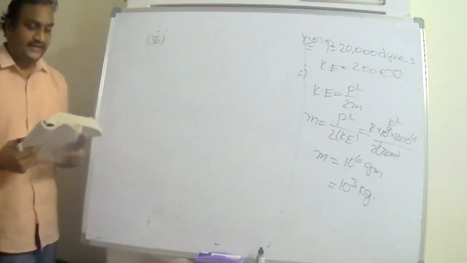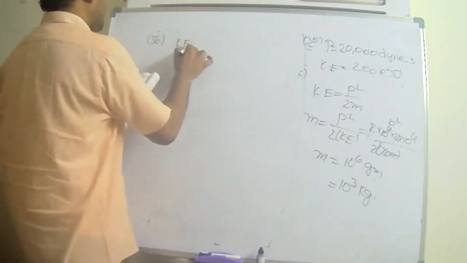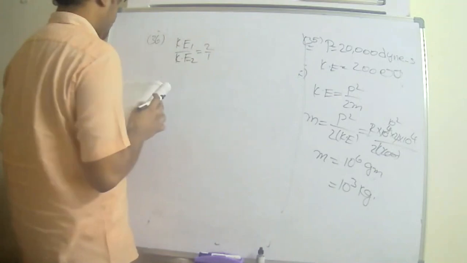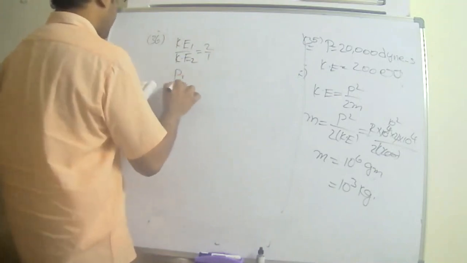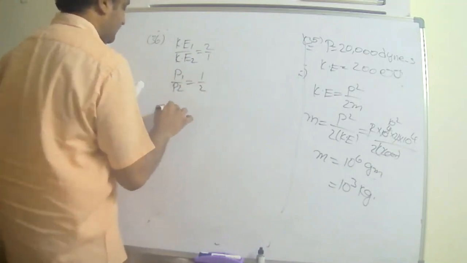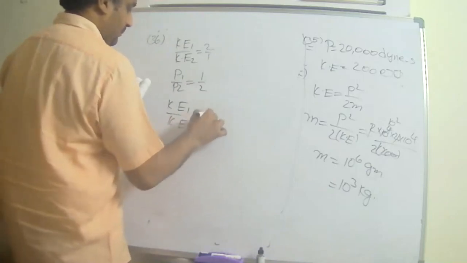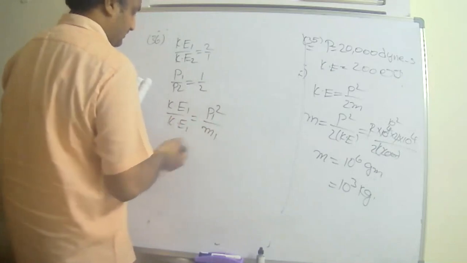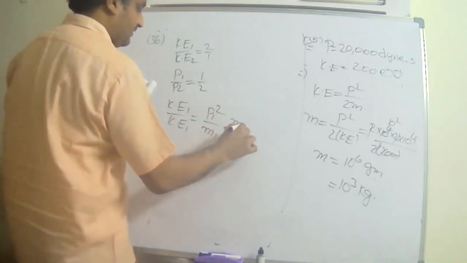The ratio of kinetic energies of two bodies is Ke1 by Ke2 is equal to 2:1, and their momenta are in the ratio P1 by P2 is equal to 1:3. Ratio of their masses? So Ke1 by Ke2 is equal to P1 square by 2m1, అలాగే P2 square by 2m2.